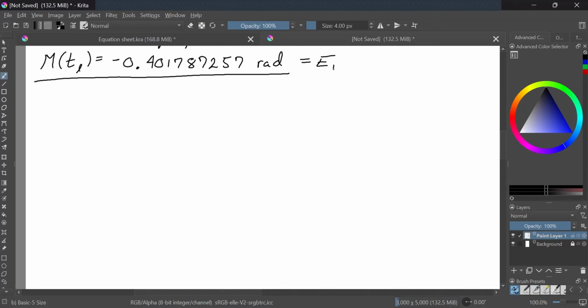So, oh boy, for E2, I'm going to have to write extra small if I don't want to take up more than one line. So we need E1, which is minus 0.40178727. We then subtract out the numerator.